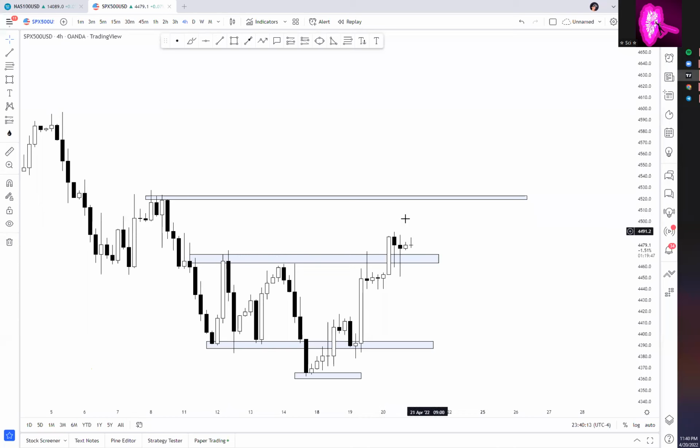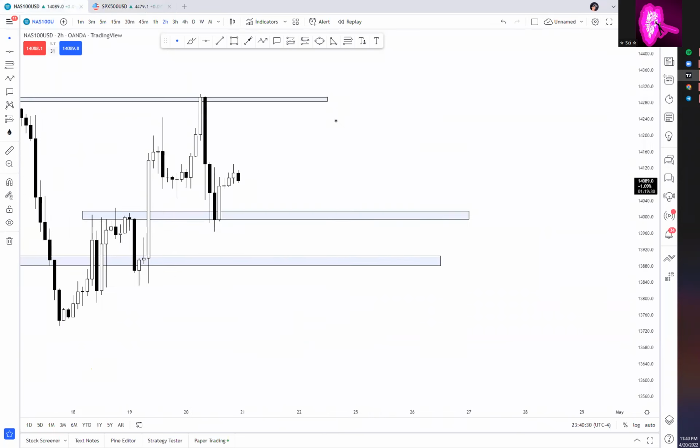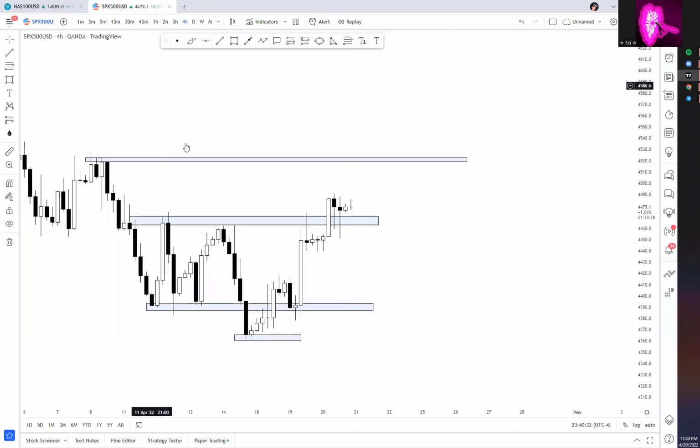SPX did. Make sense? You can see these rejections to the downside. So it could just break back through, or it can tap into this area and go back up to the upside. But they all kind of do the same thing. So that's what I'm thinking.